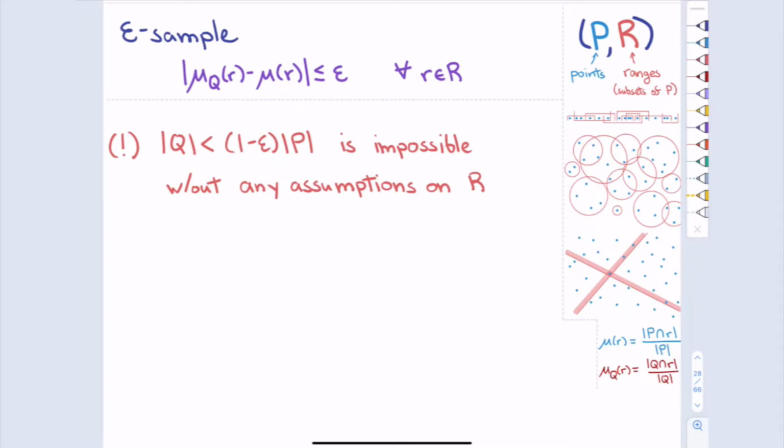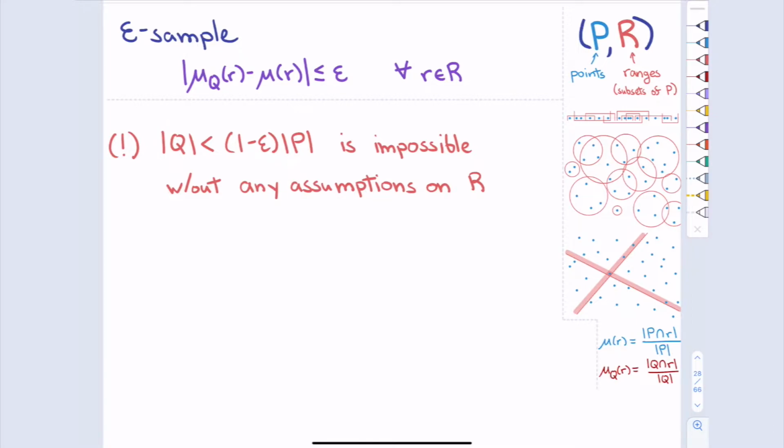That's the claim. If I don't know anything about the structure of our range space, I assume nothing, then we can't get a very interesting epsilon sample. To have 1 minus epsilon P, you basically still have the same number of points, right?